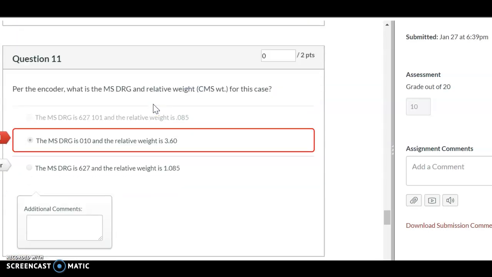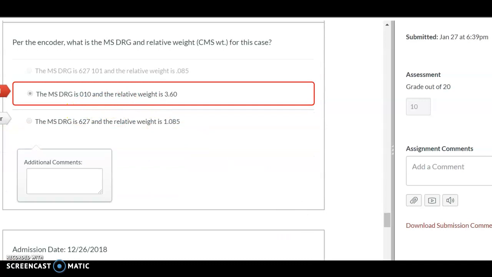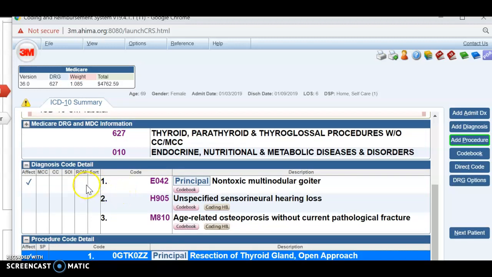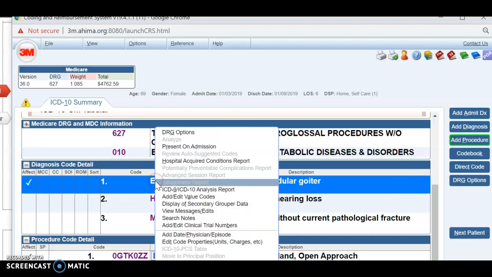Here's what I want to pull up. I just kind of want to point a few things out here. Look at my arrow. The DRG for this is 627. The relative weight is 1.085. Now, when I look at this, I want to get my POA indicators in there.